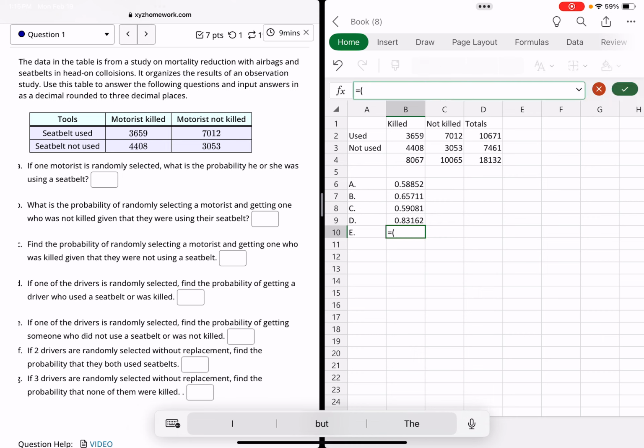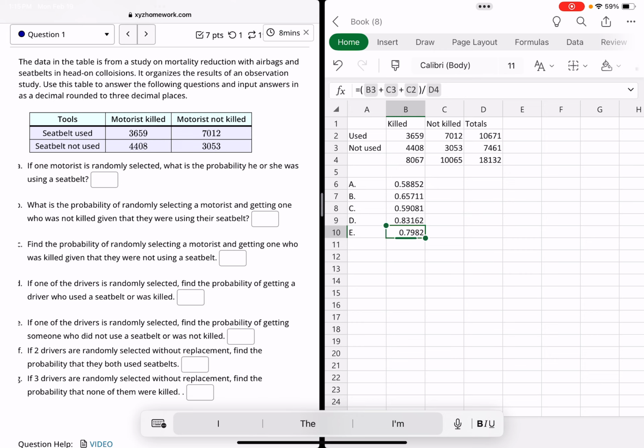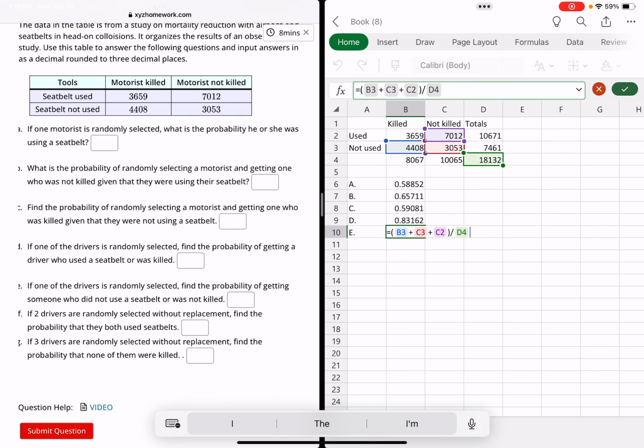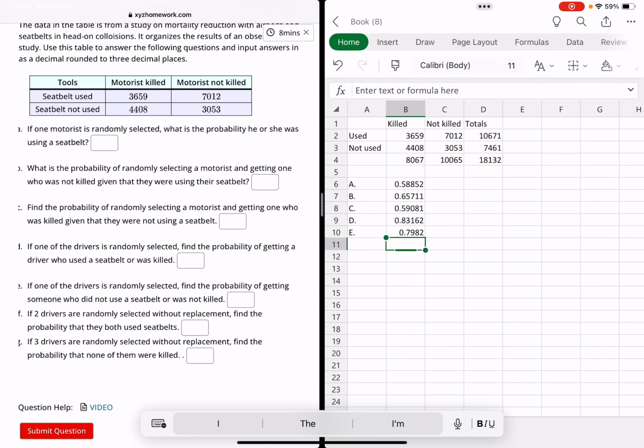Did not use a seatbelt is this one and this one, and was not killed, plus that one, close parenthesis, divide by grand total. I think that's good. I'm moving on. All right, F.